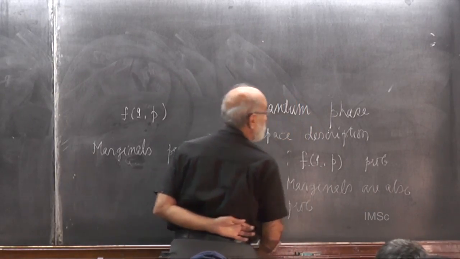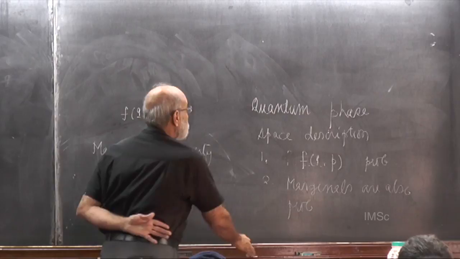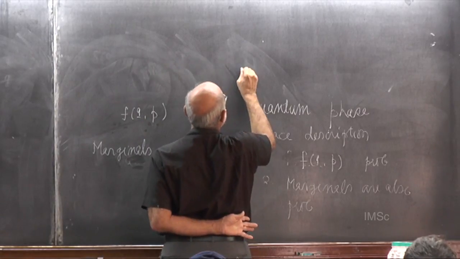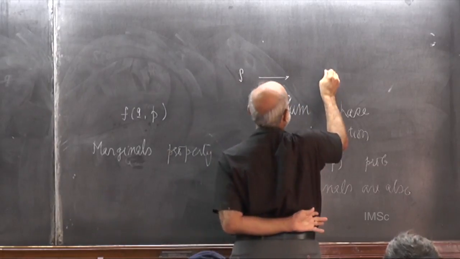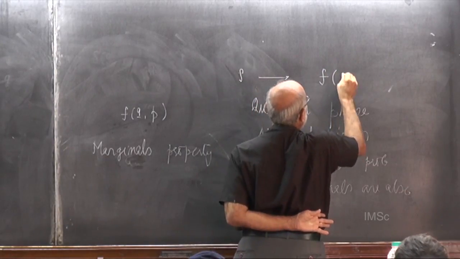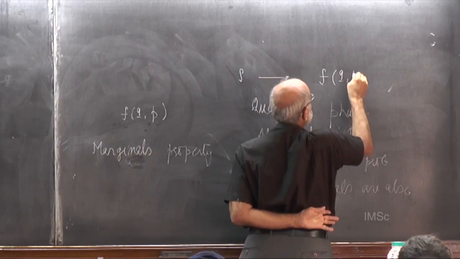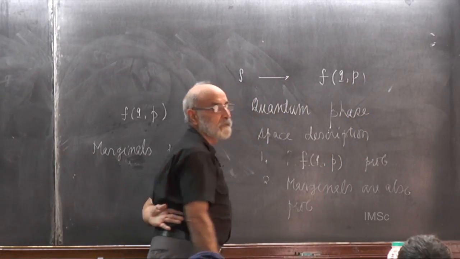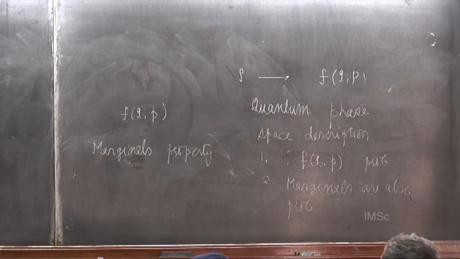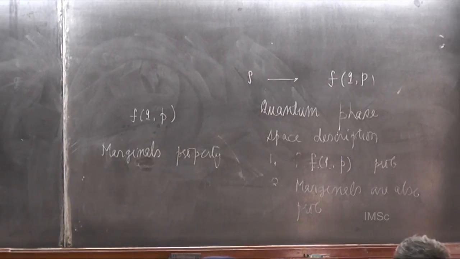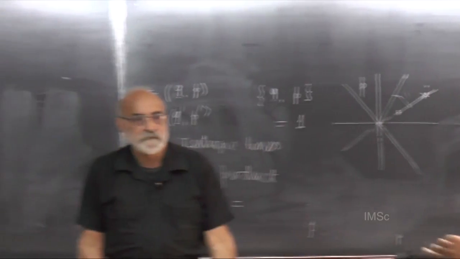We would like to see whether in the quantum case, where the state is defined through a density operator, I can associate with it in some way a phase space distribution which has these properties. To what extent we succeed, and to what extent we fail, will be discussed in the next lecture. I will stop here if there are any questions.